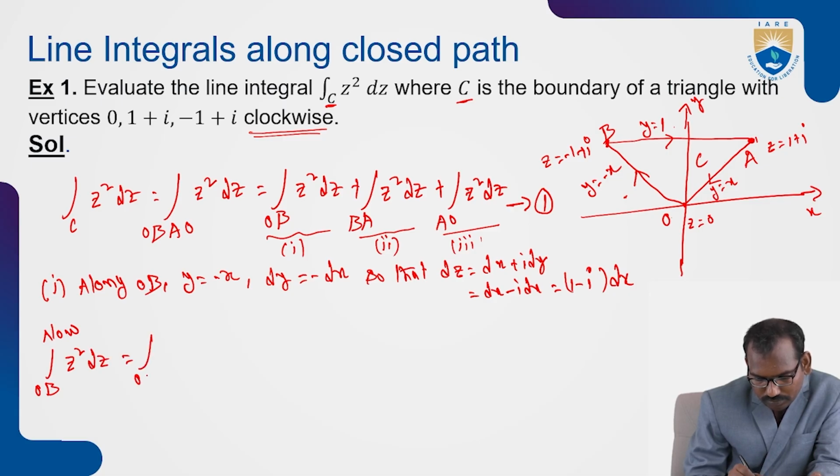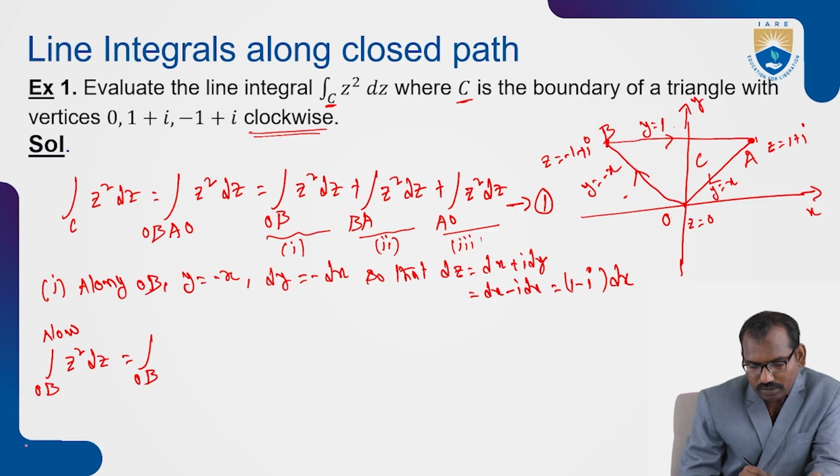Here z is x plus iy, whole square, and dz is dx plus i dy.